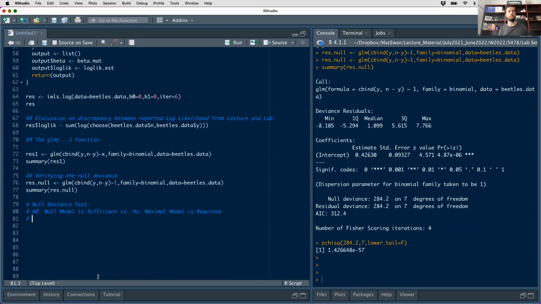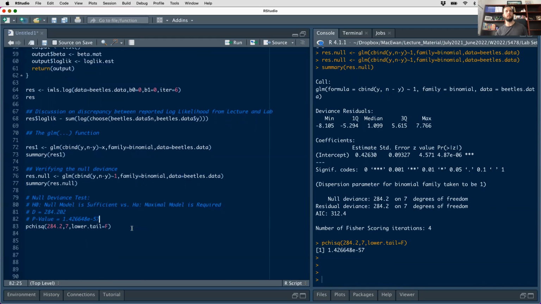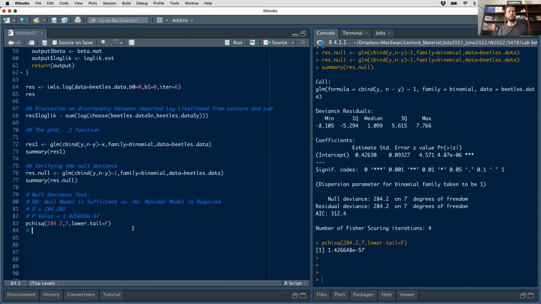Okay, so the test statistic is that 284.202. And then via R, we can show that the p-value for this test is this value here, right? And then if you wanted to, you could actually find the critical value as well.